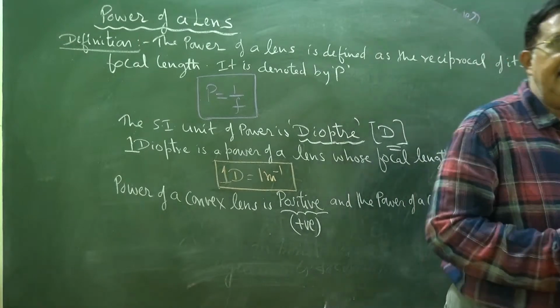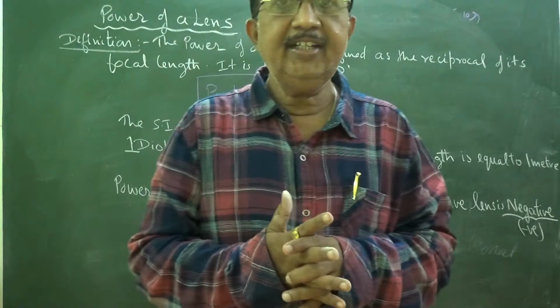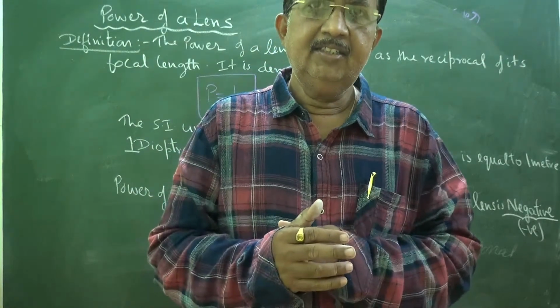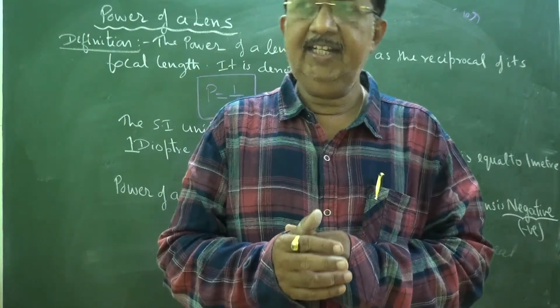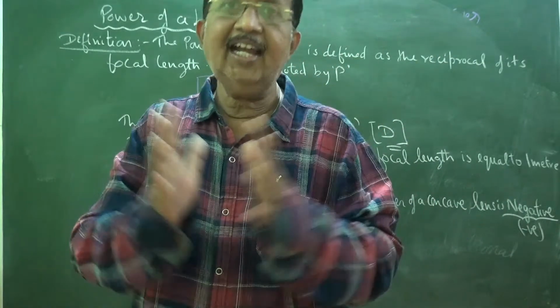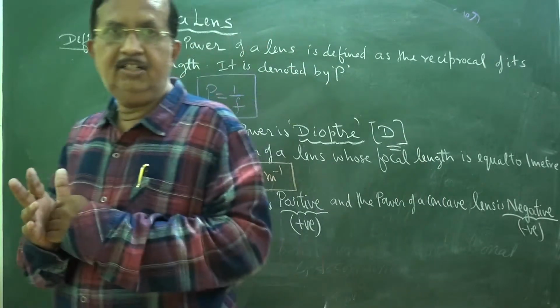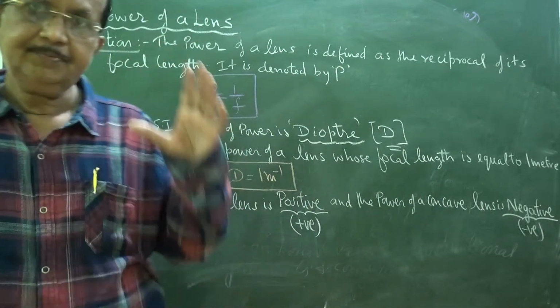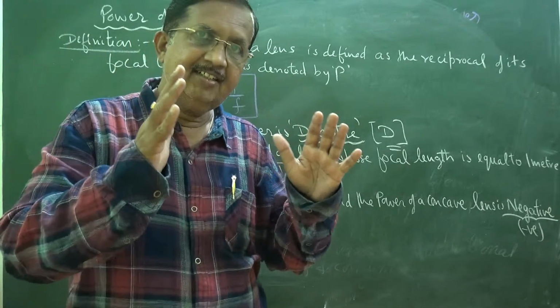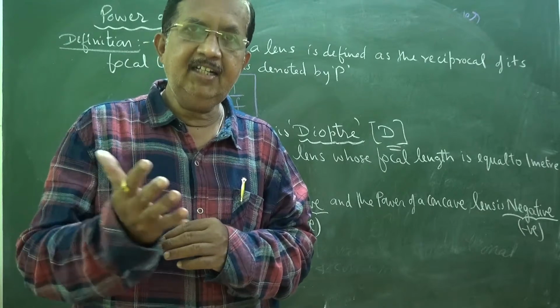Two or three lenses joined together form optical instruments like the microscope, telescope, camera and all. So they have different powers, and opticians use lenses of different powers to design different optical instruments.